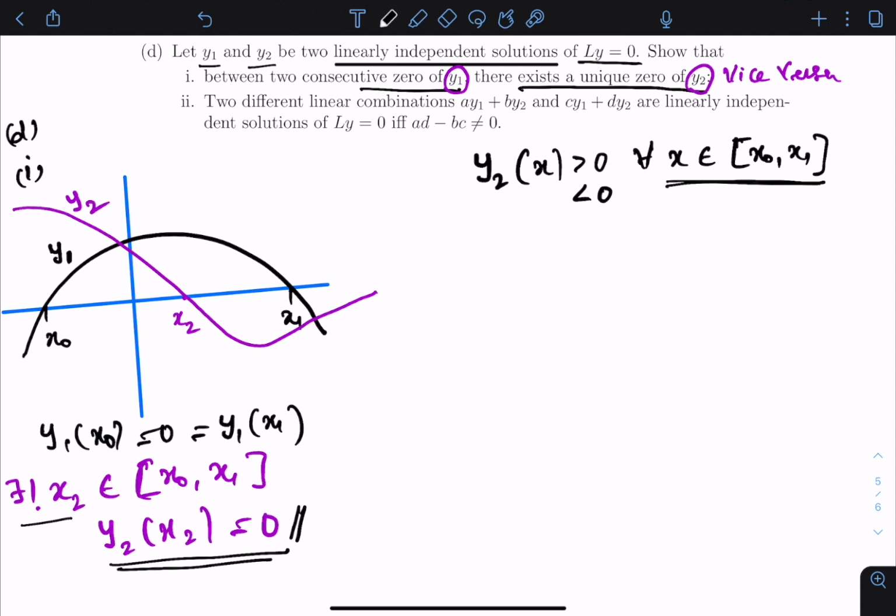Okay, now we will also observe that y1 prime is not equal to 0. y1 prime at x0, that is the slope of this curve at x0 and x1, is not equal to 0.